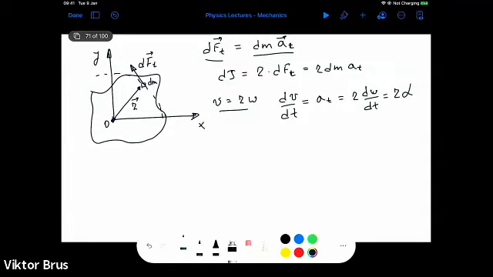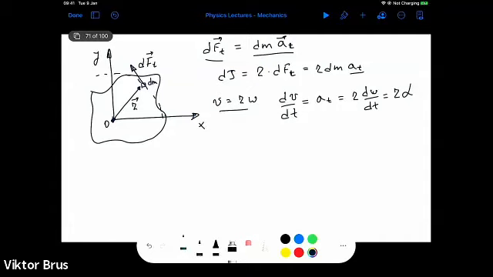And it is convenient to go from tangential acceleration to angular acceleration, because angular acceleration is, as you know, the unique parameter which describes all parts of the body. It's the same for all parts of the body, as opposed to linear acceleration and linear velocity.